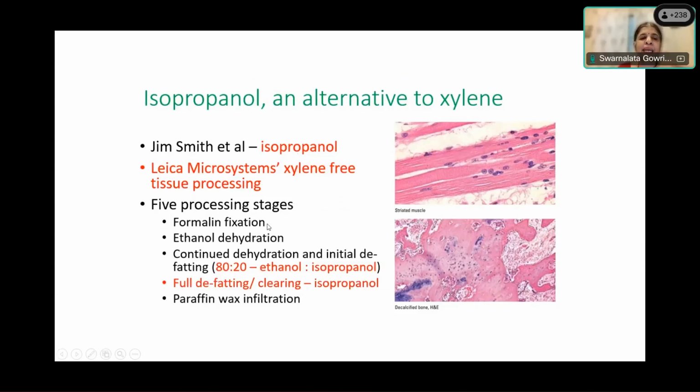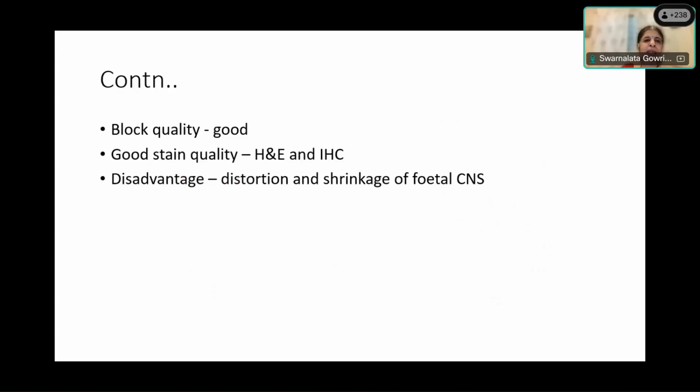So there is ethanol dehydration, and then there's continued dehydration with isopropanol instead of xylene. But that again, I think is not being used on a large scale in regular labs, but this is something which you could attempt. The disadvantage, they say, is in fetal CNS, which is a very rare tissue that we get, there is distortion and shrinkage, but otherwise it is a very good alternative to regular xylene.